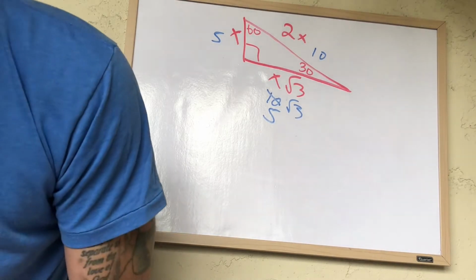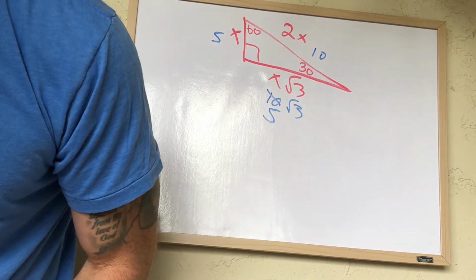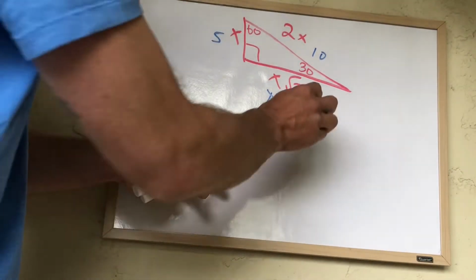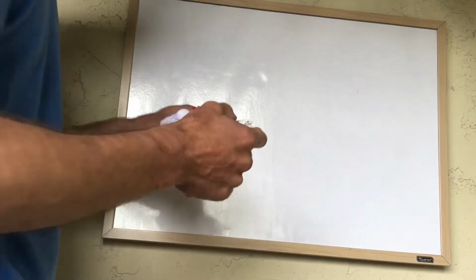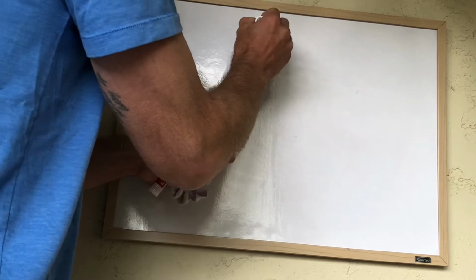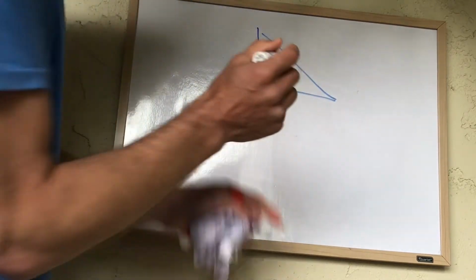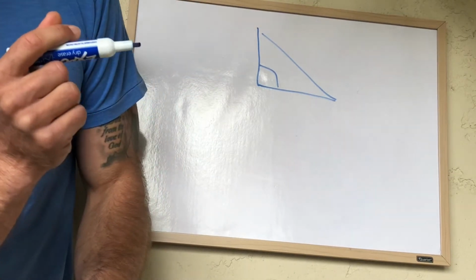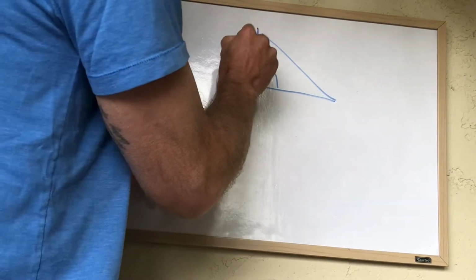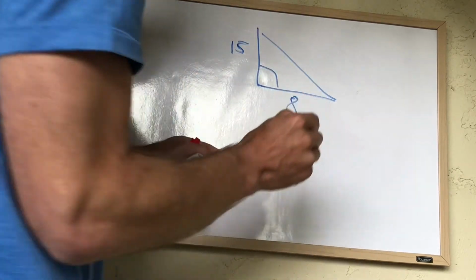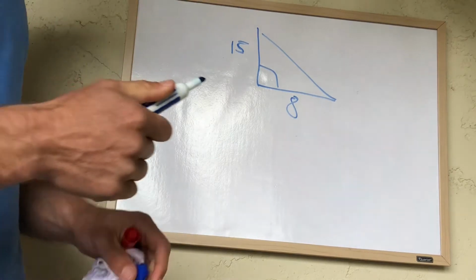For number 3, it says the 2 legs of a right triangle are 15 and 8, and it asks for the measure of the smaller acute angle.